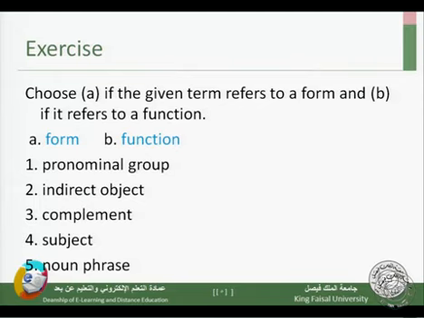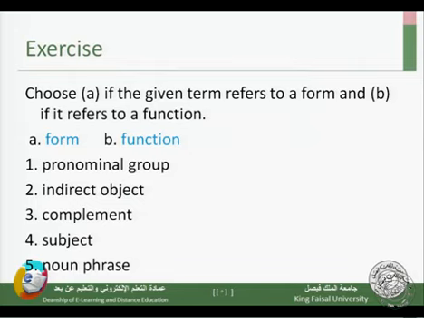Number two, indirect object. Indirect object is a function, and it can be filled by a noun phrase. We will take the functions of noun phrases in a bit. So the form is noun phrase, the function is indirect object.